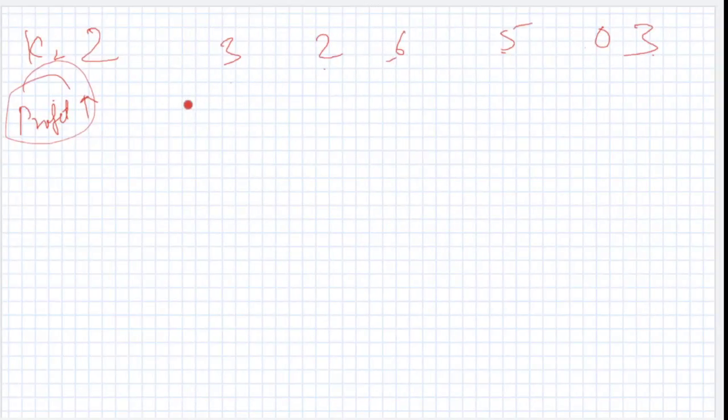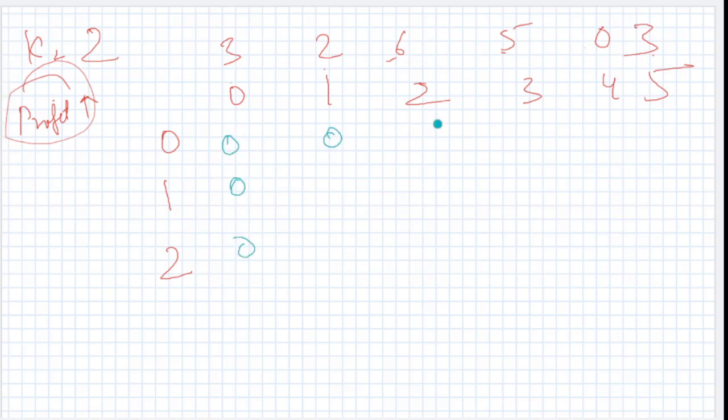So for these 5, let's do this, and then we have k equals to 2. So for k equals to 2, let's write this. This is your array now. Initially make sure all the 0th indexes are 0. That means you're not doing anything.